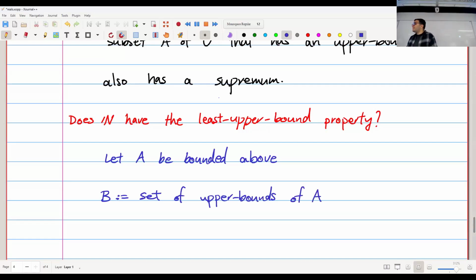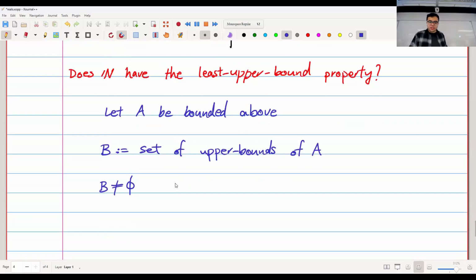B is not empty, because by assumption A is bounded from above, so it has some upper bound. But any non-empty subset of natural numbers has a smallest element. So I have a supremum. And in this case, the supremum is just the maximum element of A. Okay. So N has this least upper bound property.